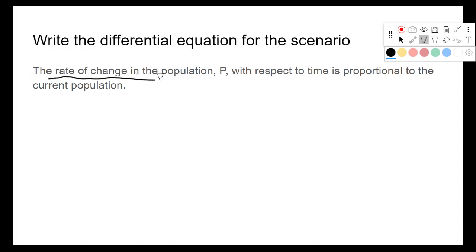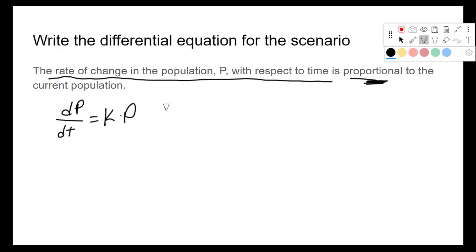Well, that's a derivative, dp/dt, is equal to, it's proportional, meaning directly proportional to the current population. So that's k times p, where k is your constant of proportionality. So that's the differential equation that describes an exponential model: dp/dt equals kp.